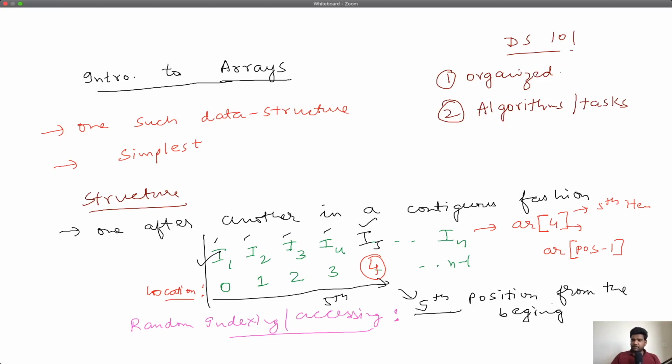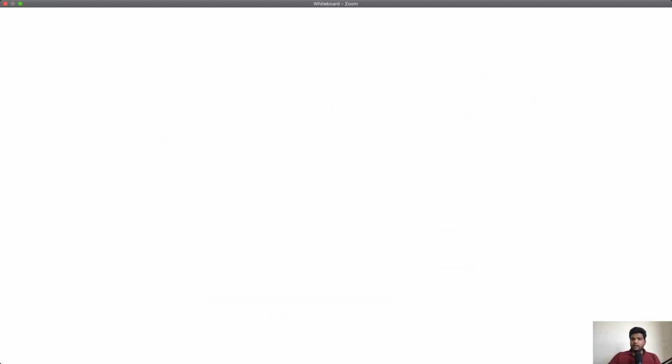The next part that we want to discuss is some common algorithms that you would implement with arrays. One very common operation that you would generally be concerned about when you have data is accessing all the data items, or traversing through all the data items.